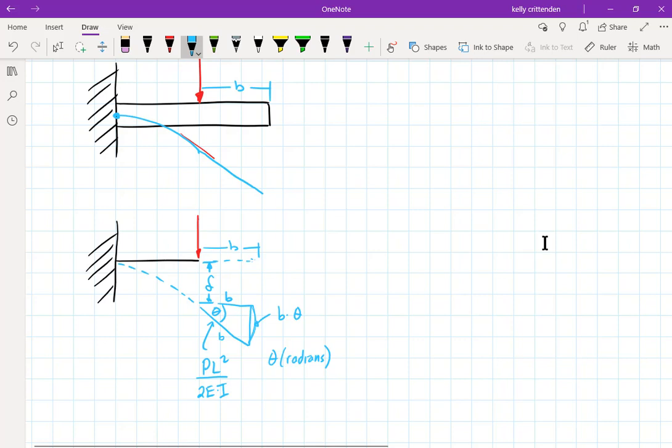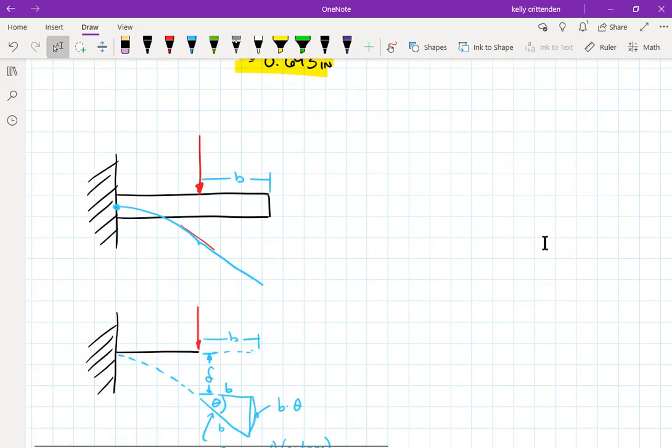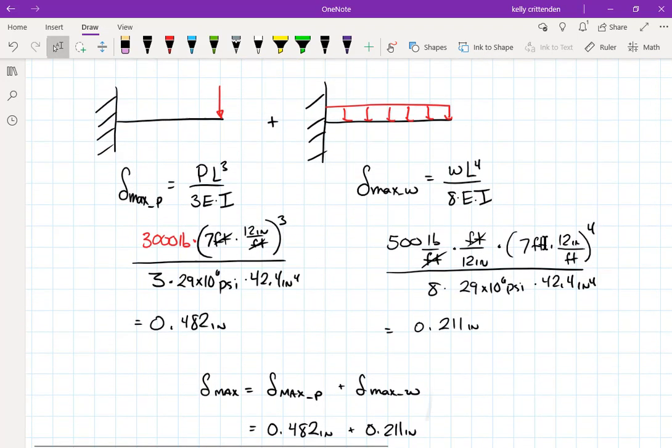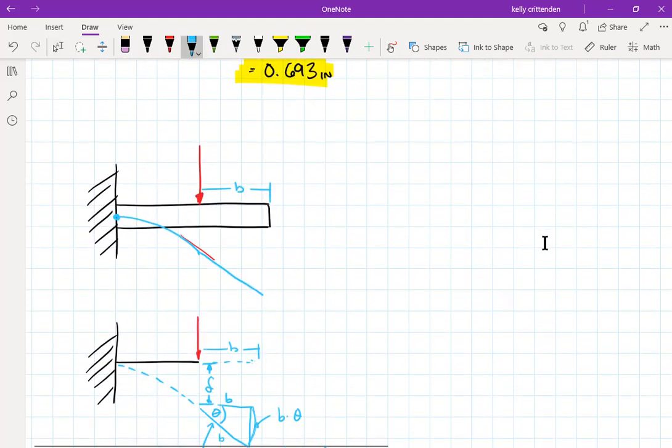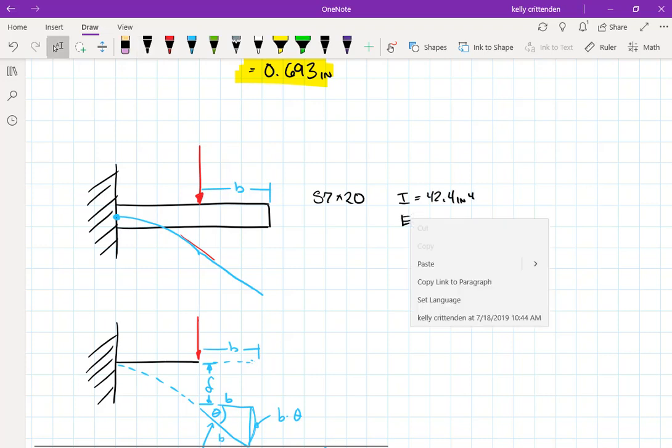So for this one, let's put some numbers. Let's use our same beam so we don't have to go look up new E and I values. So it's an S7 by 20. I is still 42.4 inches to the fourth, and E is based on the modulus of elasticity for this made up steel.